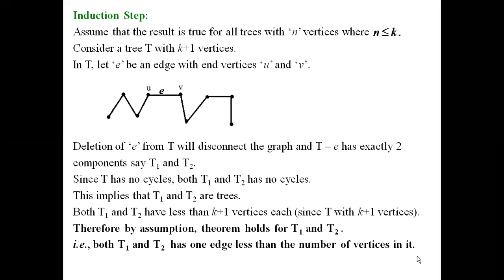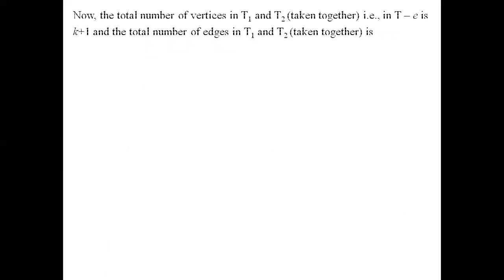So both T1 and T2 have one edge less than the number of vertices in it. So the total number of vertices in T1 and T2 taken together: when we consider T1 and T2 taken together, it is nothing but the same as saying the graph T minus E. So the total number of vertices in T minus E is k plus 1.